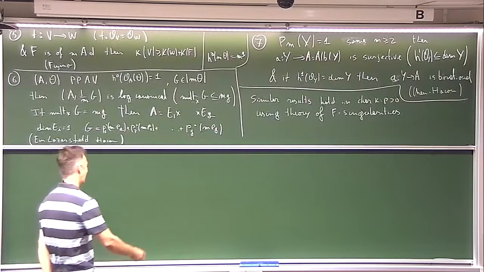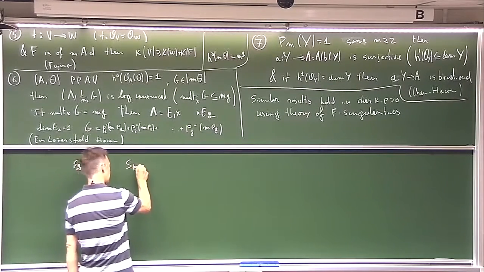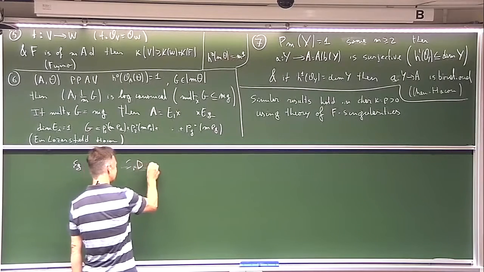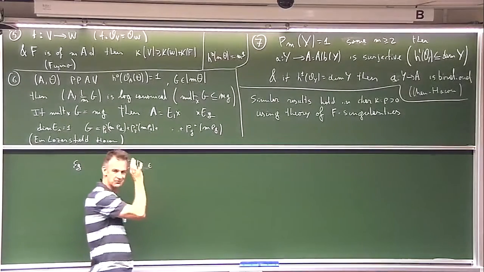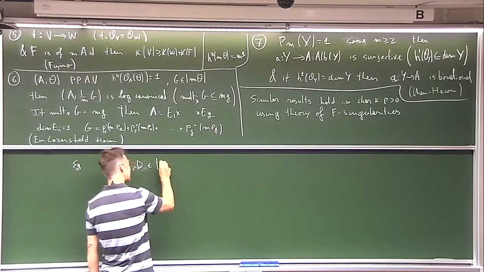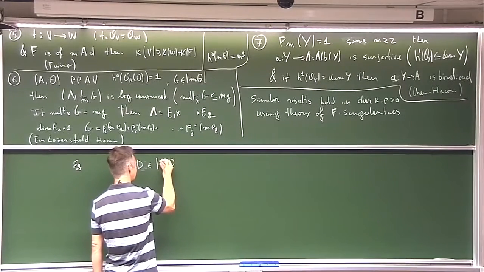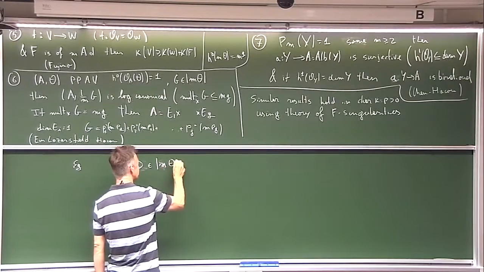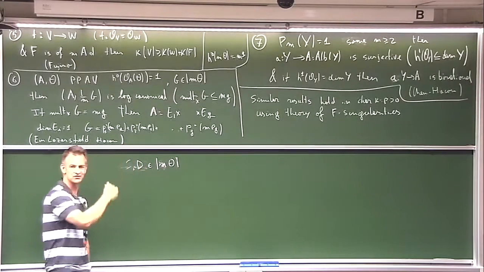Again, I don't know. How about you pick a divisor D? You're going to have to give me some reason why you don't like this example. Then maybe I understand. So we pick a general divisor in m theta for m greater or equal to 3, so it's very ample.